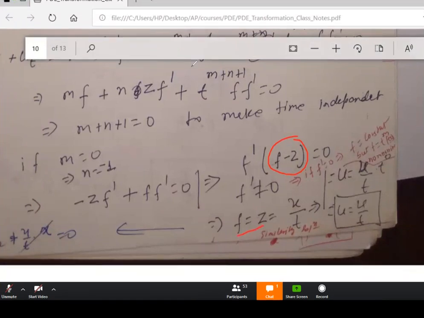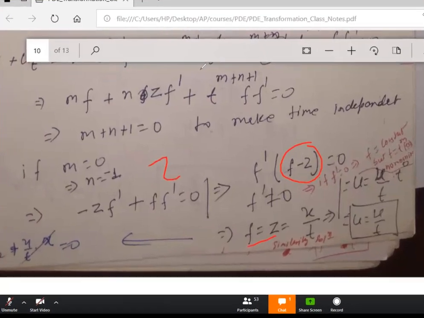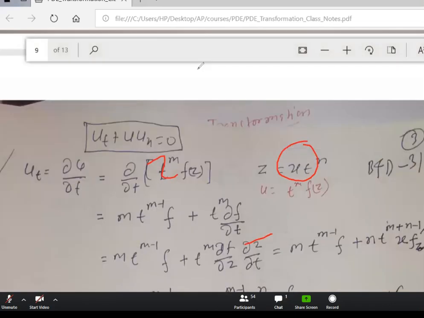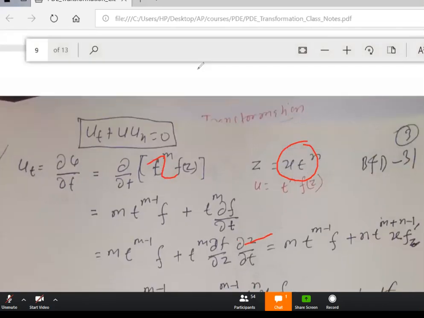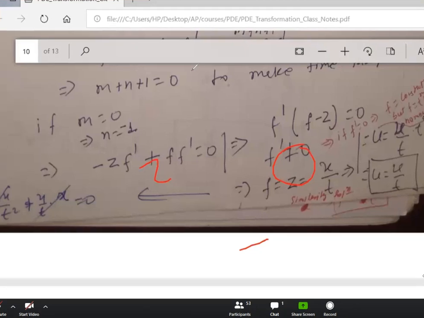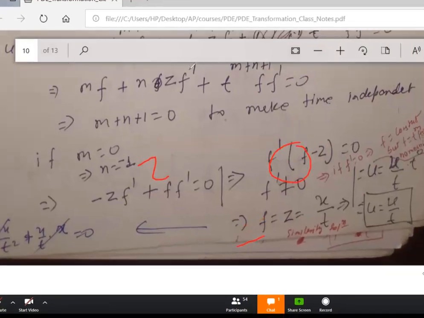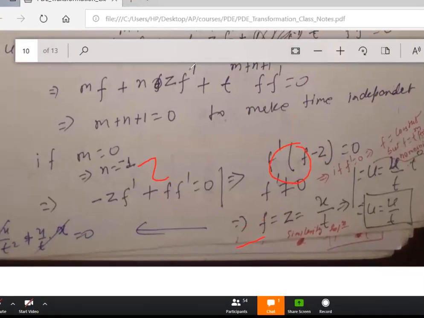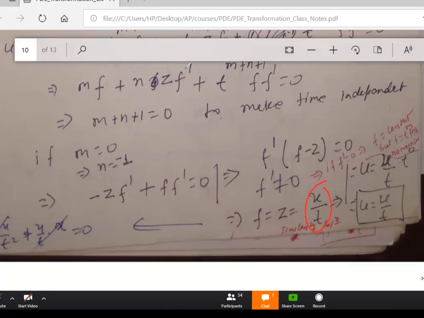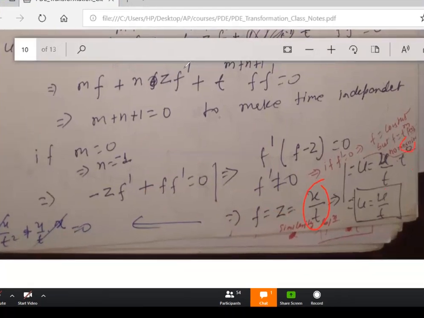Now, what is the z? Z is this, x t^n, n is equal to -1. So this becomes x by t. So f is equal to z, and it means u is x t to the power 0, m is 0.